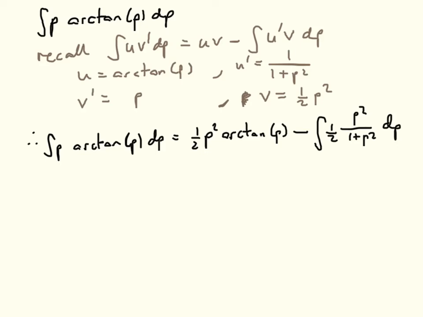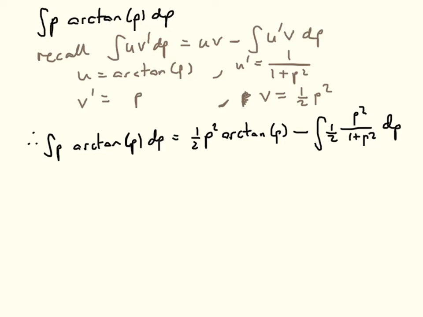Now what I have here, the integral we still need to calculate, is an improper rational function, because the highest power of p, here p squared, is in this case the same as the highest power of p on the bottom, which is also p squared.